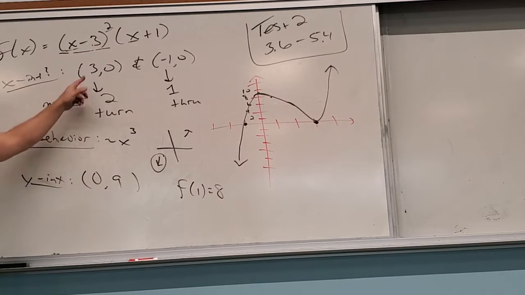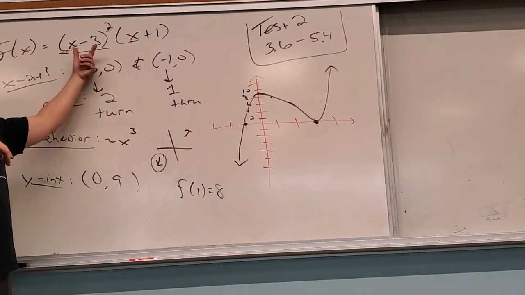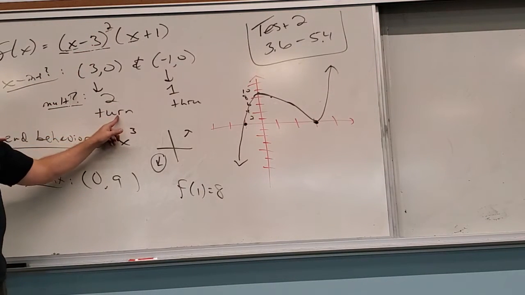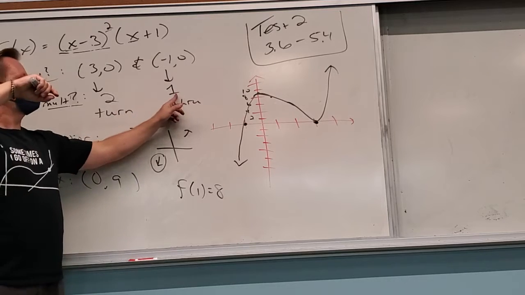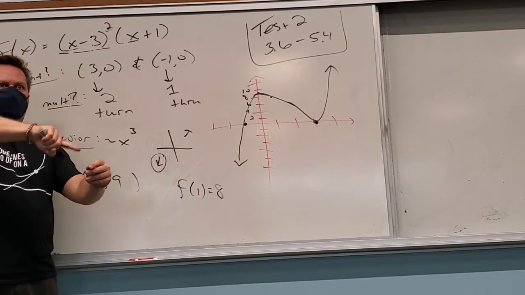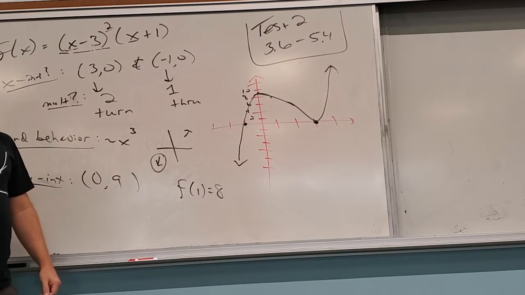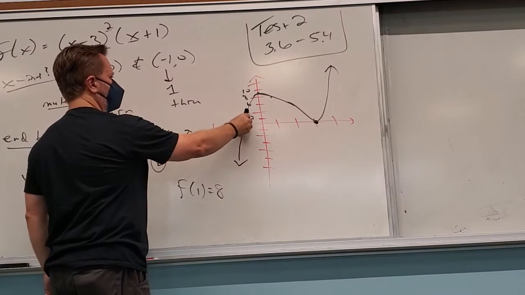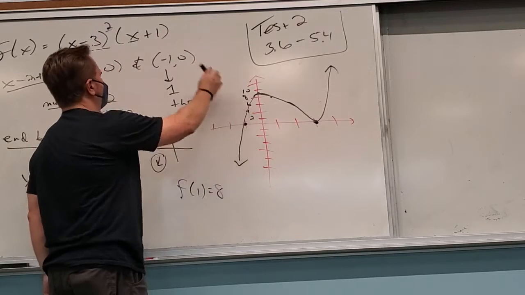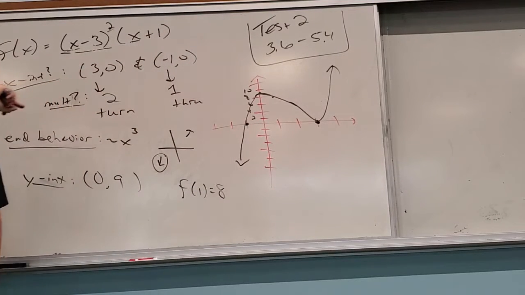All the multiplicity means is the degree of that individual term. So if it's even, it's going to turn like a parabola would. If it's odd, it's going to go through like a cubic would. And do you see how it goes through this almost like a straight line? And isn't this linear, this piece?